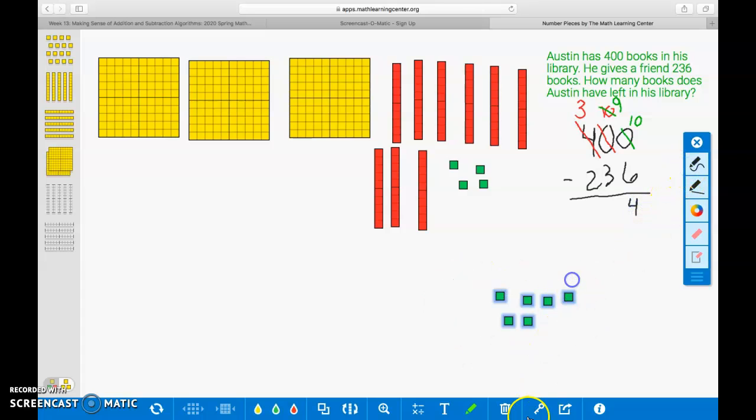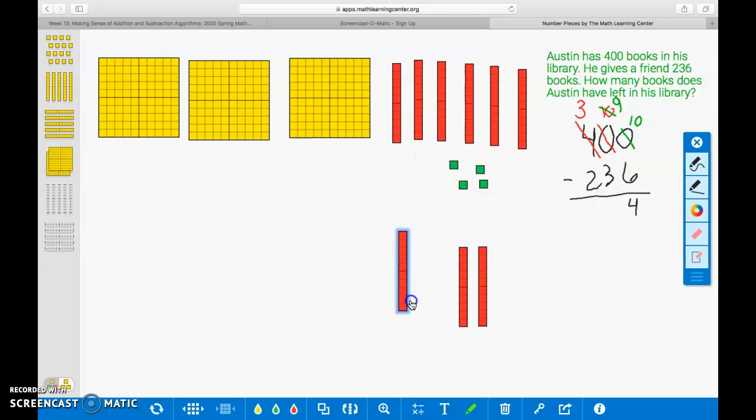I'm going to go ahead and delete these. Then I'm going to come to the tens, and I have 9 minus 3. So I'm going to take 3 of the tens away. And I'm going to go ahead and delete these. And that leaves us with 1, 2, 3, 4, 5, 6. 9 minus 3 leaves us 6 tens.